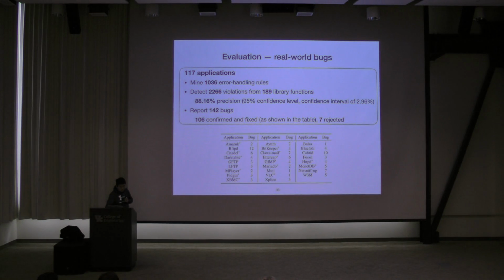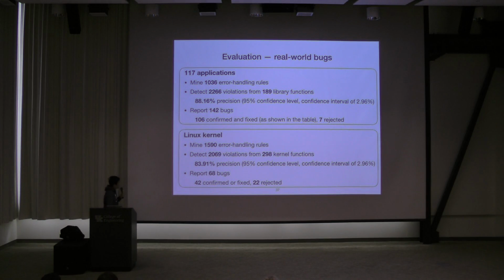Okay. So finally, we report 142 bugs. Among them, 106 are confirmed and fixed, as shown in this table. There are six bugs that are rejected. We also evaluate our tool in Linux kernel to evaluate whether the tool can be running in different data sets.